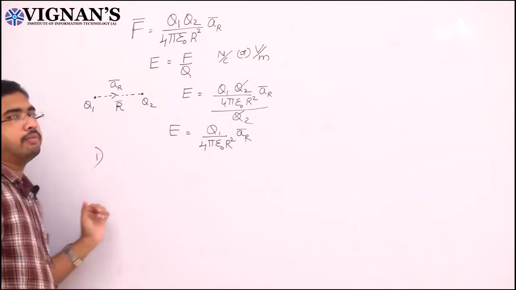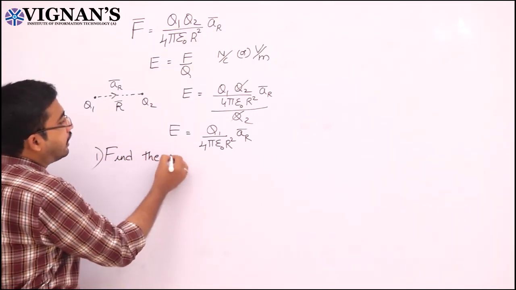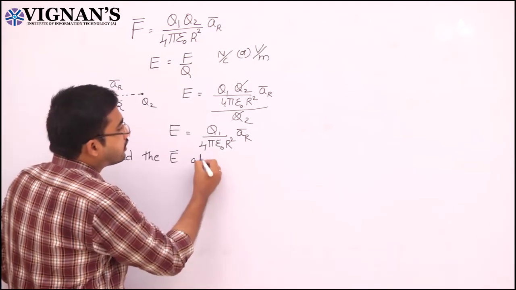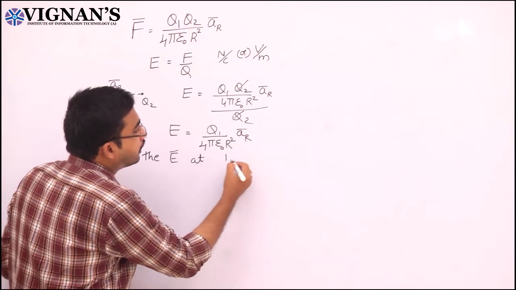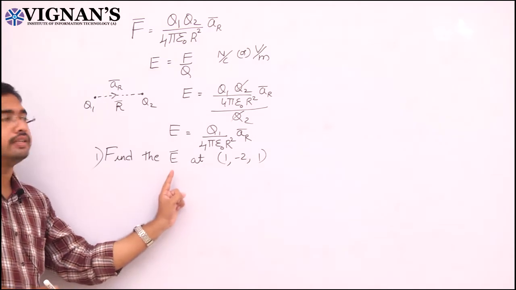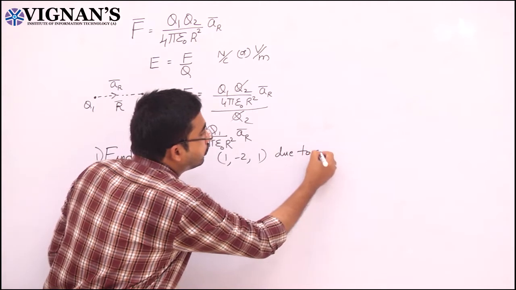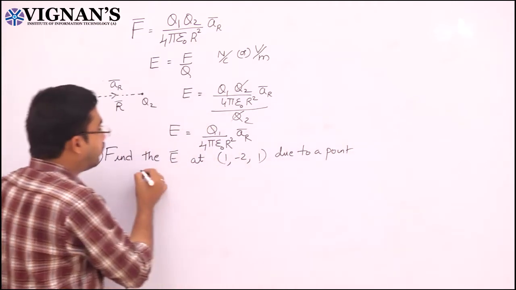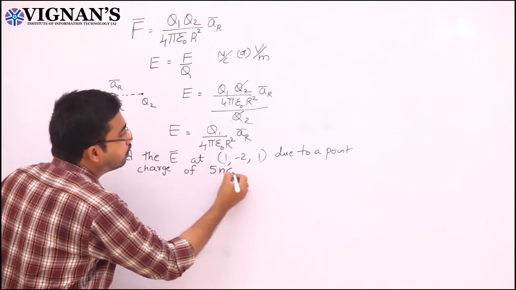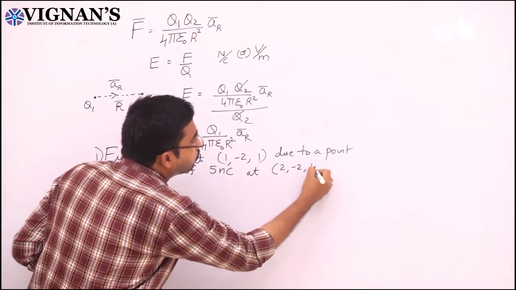The first problem I am taking as an example is to find the electric field intensity E in vector form at the point (1, -2, 1), due to a point charge of 5 nanocoulombs placed at the point (2, -2, 4).